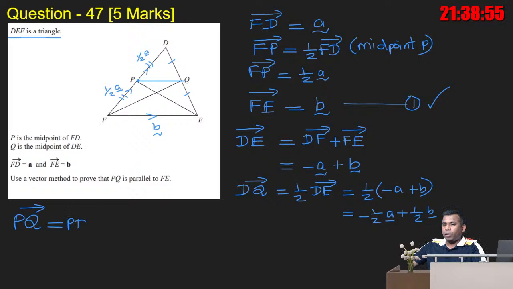For PQ, I can go for PD plus DQ. PD, what is PD?